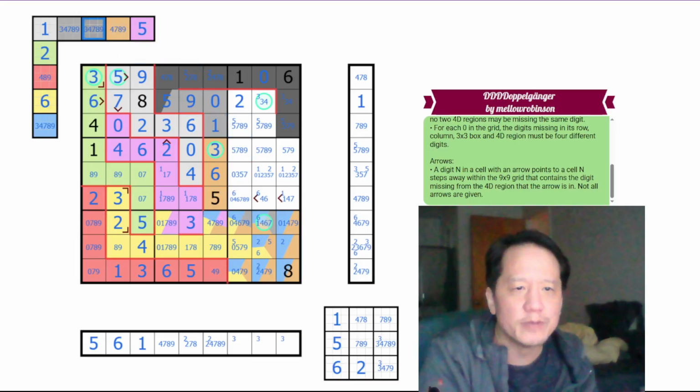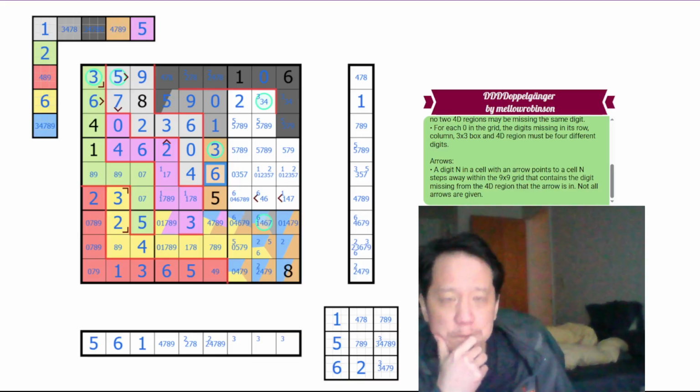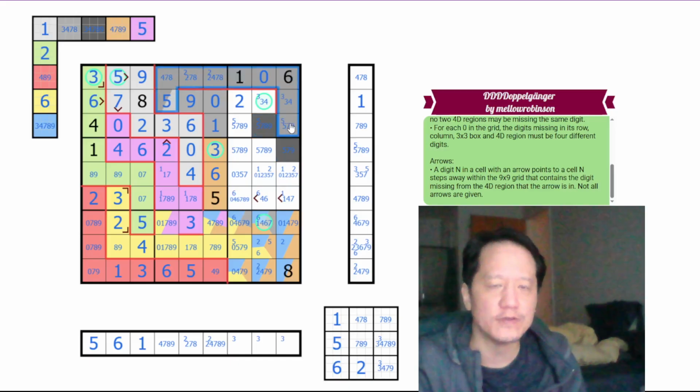Medium region can't be missing 9. So dark could go 1 here or 1 here. We're not sure which. Or it could be all 7 of these. We don't know.